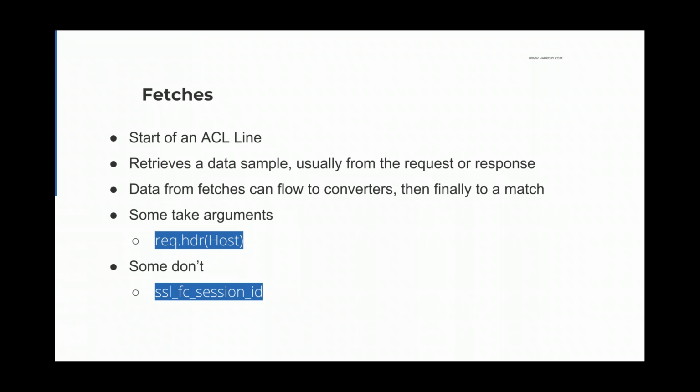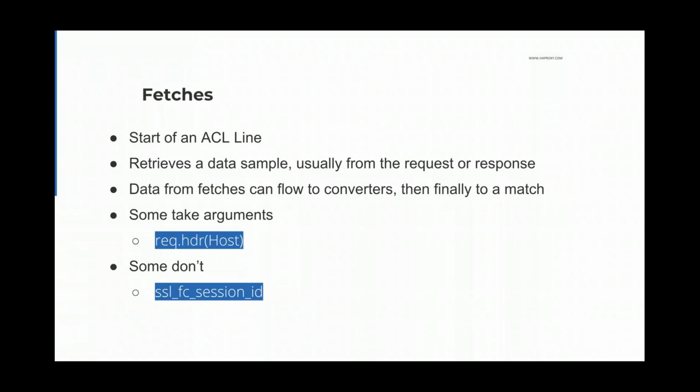A fetch will retrieve a data sample from the HAProxy state. So it can get a host header, it can retrieve the SSL session ID, it can retrieve the source IP address. There are a whole variety of fetches we will go over, and from the fetch you will then pass it optionally to converters, and then via match flags, which we'll also get into, it will compare it against a value.